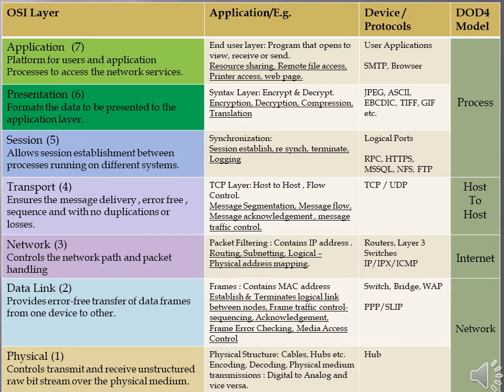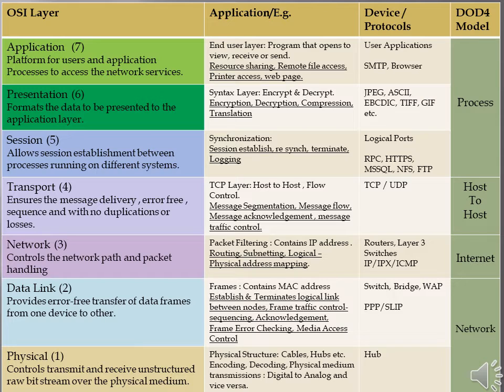Now let's have a look in detail at the OSI layers and compare them to the DoD4 model. Application layer, the highest layer, stands at layer 7. It is the platform for users and application processes to access the network services.